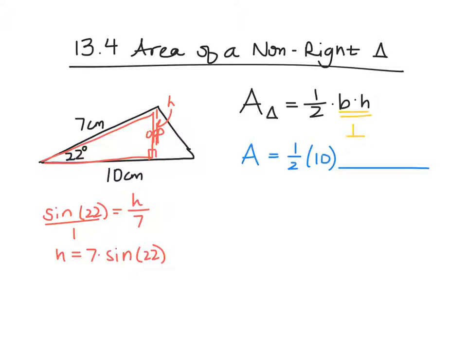Now you could work that out, but I'm actually wanting us to see a generic formula here. So I'm just going to go ahead and replace this whole section into my formula up here. And that's going to give me area equals 1/2 times 10 times 7 times sine of 22.